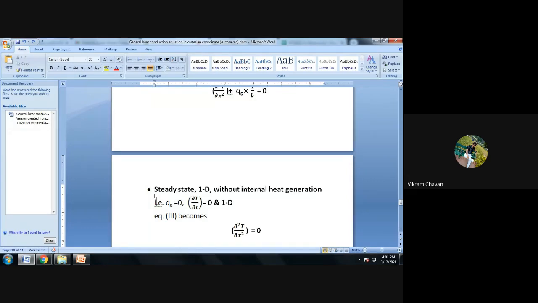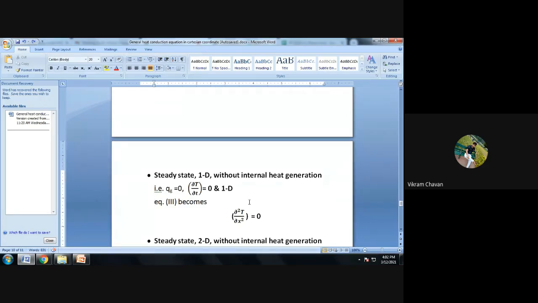So equation Roman 3 becomes ∂²T/∂x² is equal to 0.